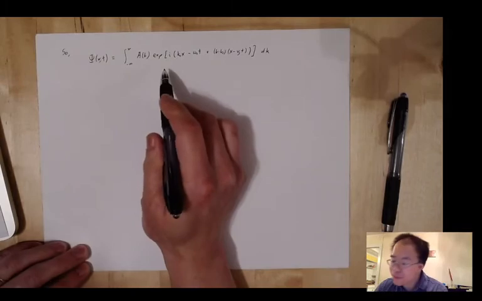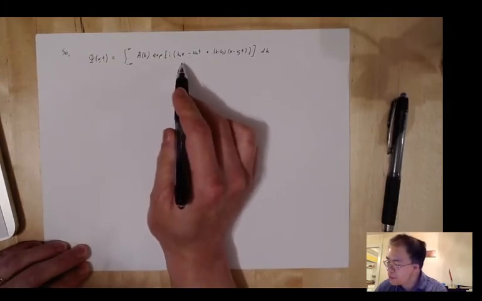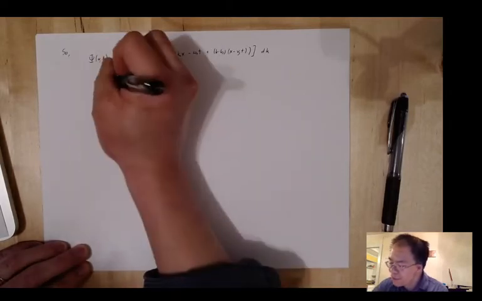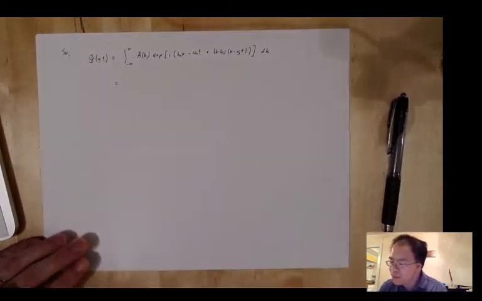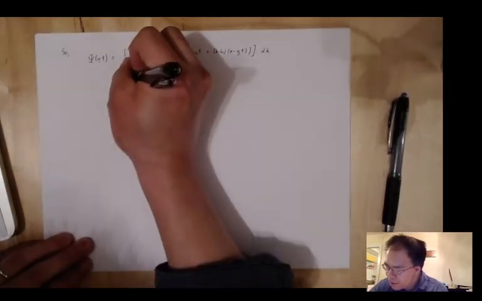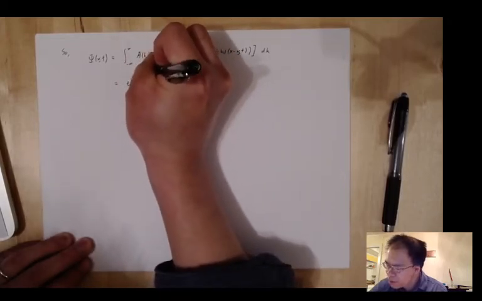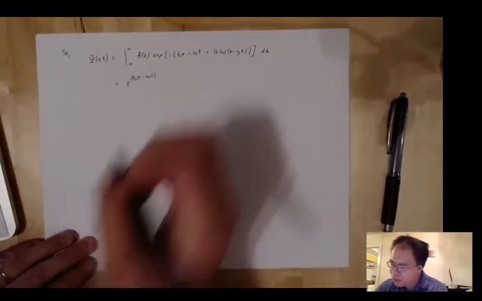Now, as I promised, I'm going to pull this piece of the exponential, which doesn't depend on k, out of my integral. So now I'll just go back to e to the x. I'll have e to the i k naught x minus omega naught t out there.